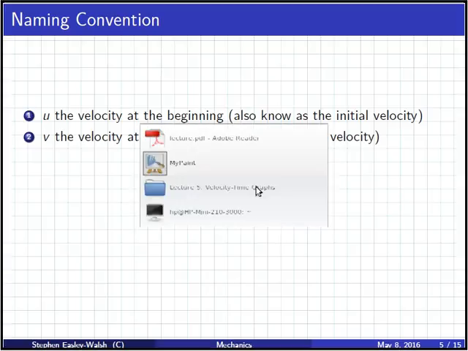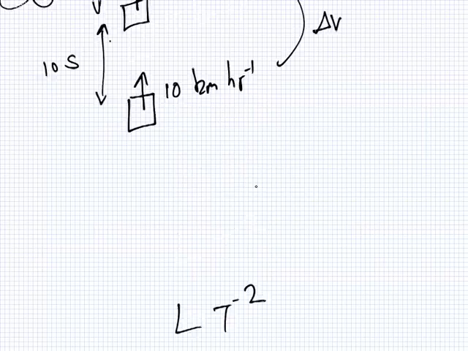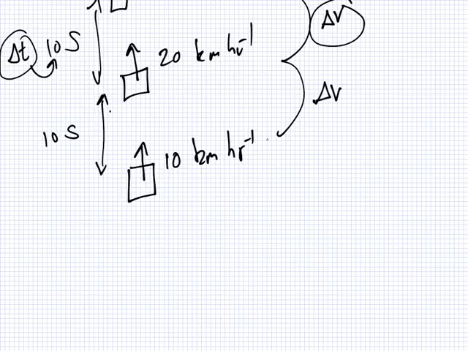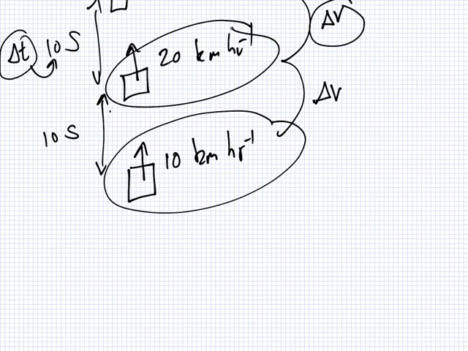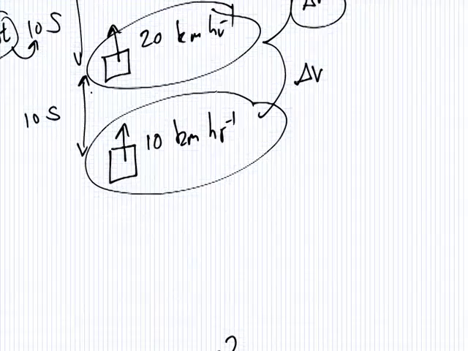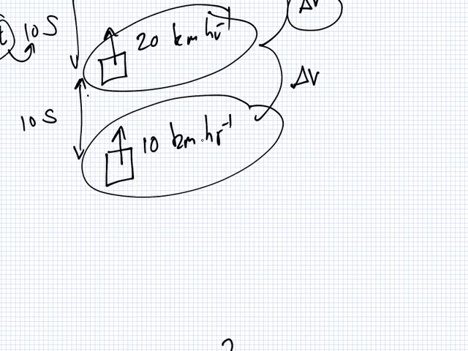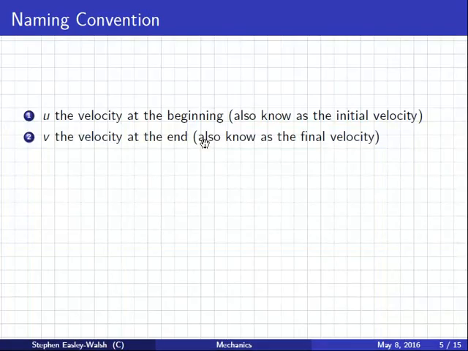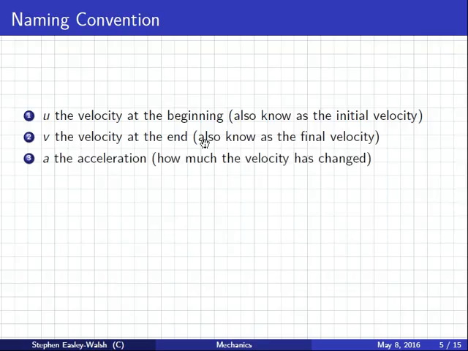So in my little car example here, this would be the U and this would be the V. If we forget about the rest, just look at these two. V is the velocity at the end. A, of course, is the acceleration, how much the velocity has changed.